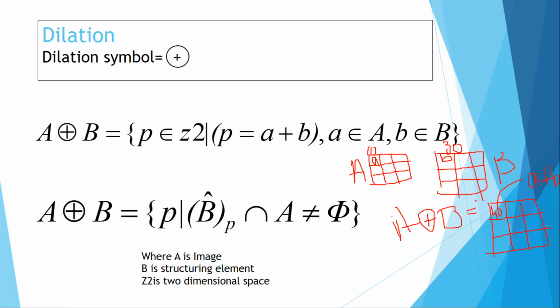This is one example with respect to position, using the dilation formula. Another formulation: A dilation B is equivalent to the set of P such that the reflection of B, translated by P, intersected with A, is not equal to empty. So we consider the reflection of the structuring element and its intersection with the image A, and whatever the intersection is, it should not be empty.